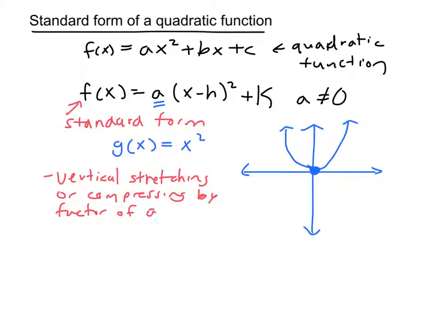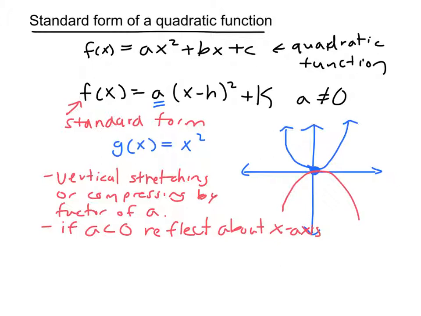And then if a is negative, if a is less than 0, then there is also a reflection about the x-axis.